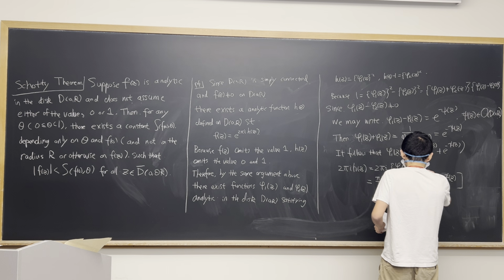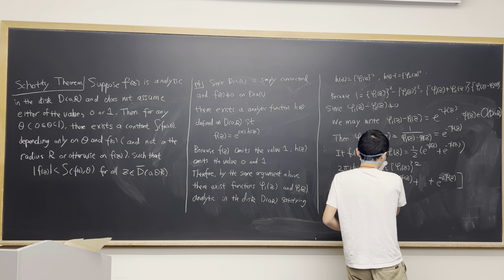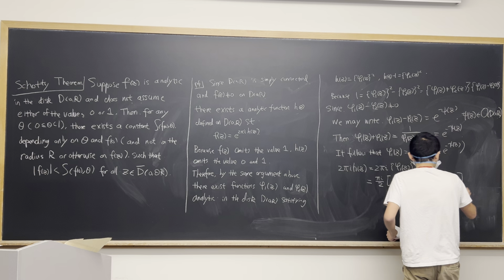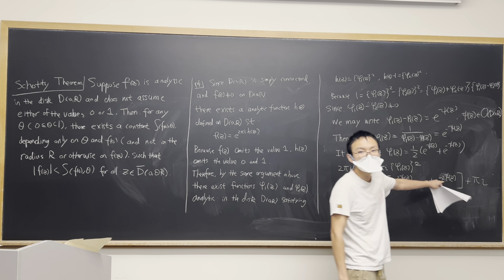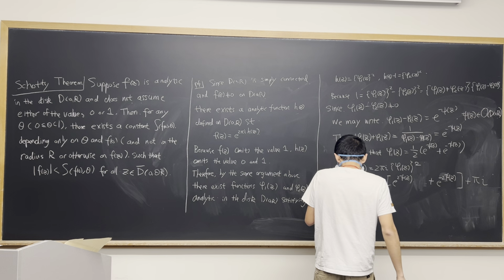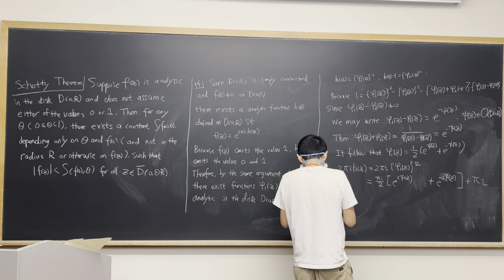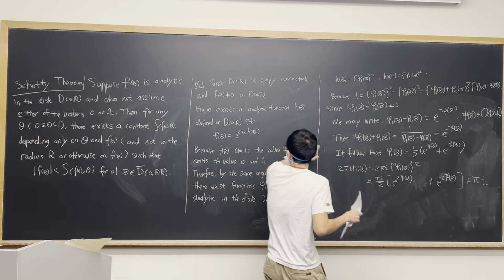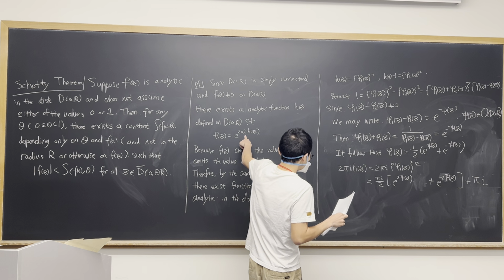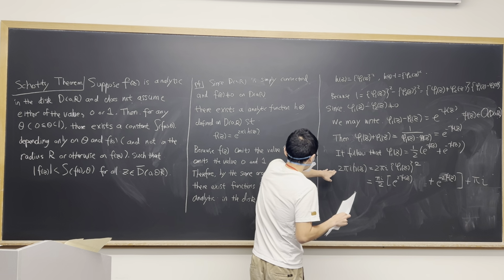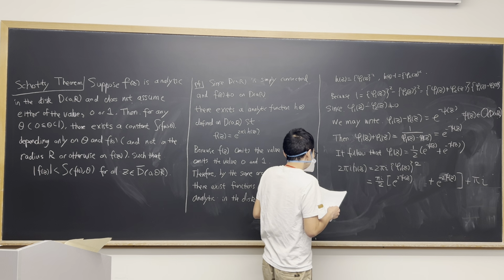So we move the 2 out, it becomes pi I. Okay, so let's do that. So here we get this one. We can use this to express this f.